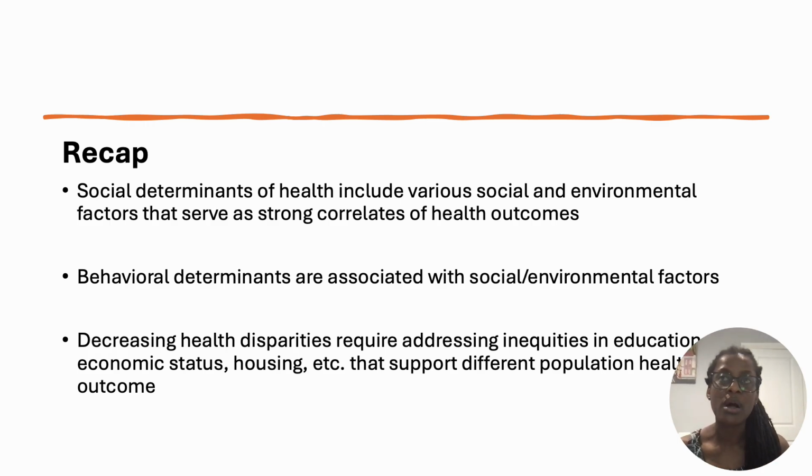For example, substance abuse, which is unhealthy behavior that we know is predictive of many health outcomes, can be influenced by the social and the physical environment in which people reside. So decreasing health disparities requires addressing inequities in education, economic status, housing, which are among the main objectives of SDOH.